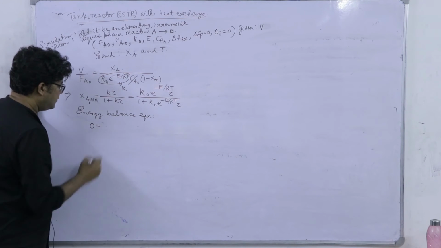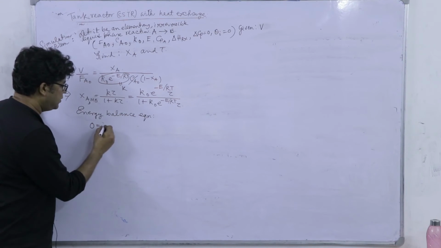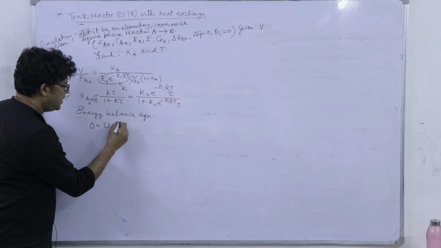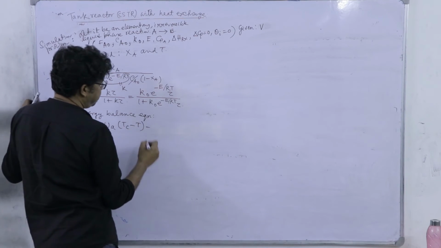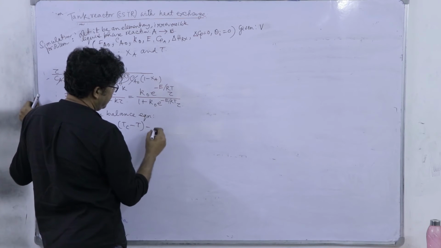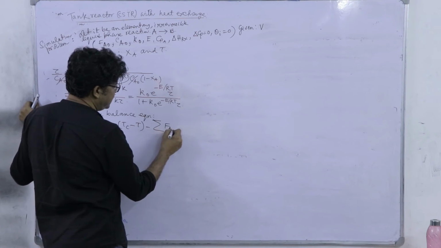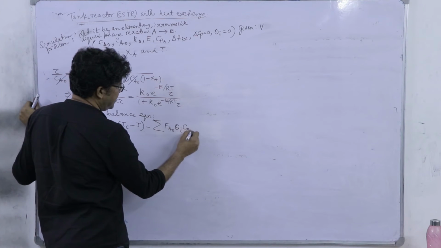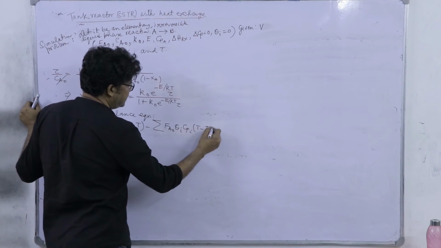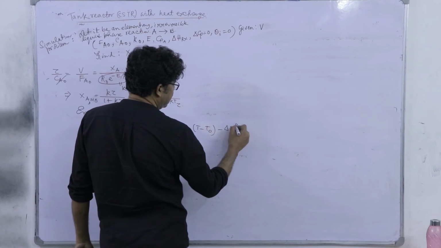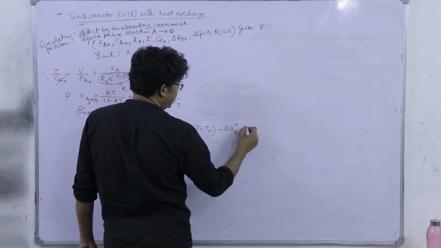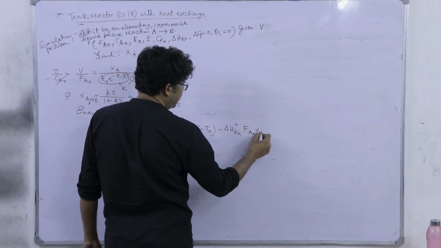Truly speaking, we have 0 equal to UA(Tc minus T) minus Fa naught summation theta I Cpi (T minus T naught) minus delta H Rx naught into Fa naught into Xa.